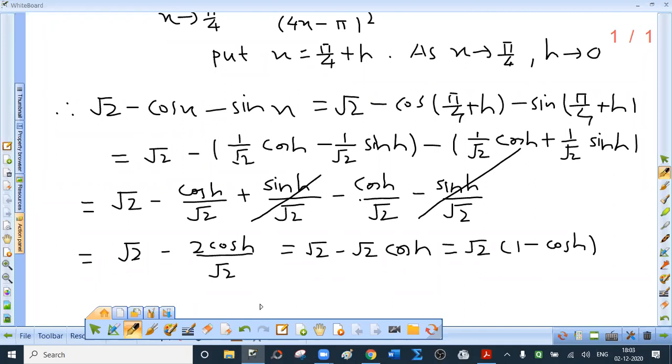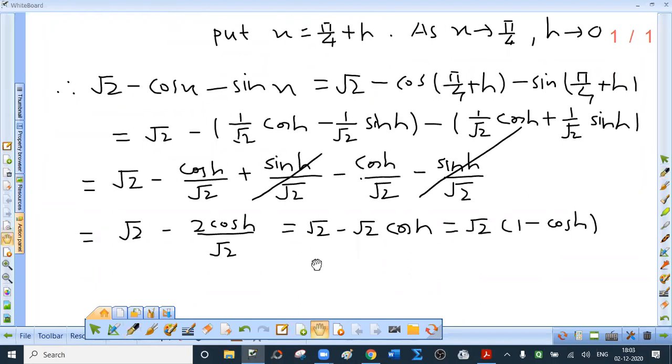Okay. In fact, we can find the denominator also separately. What is the denominator here? The original denominator. It is 6x minus pi square. So 6x minus pi bracket square. So this is 6 into, now x is to be replaced by what?